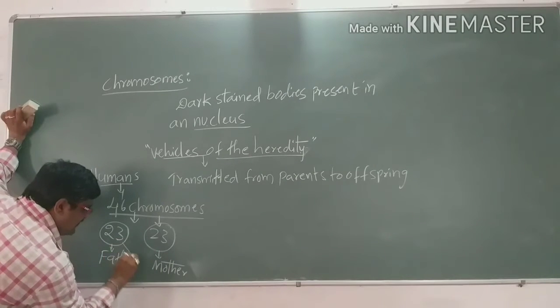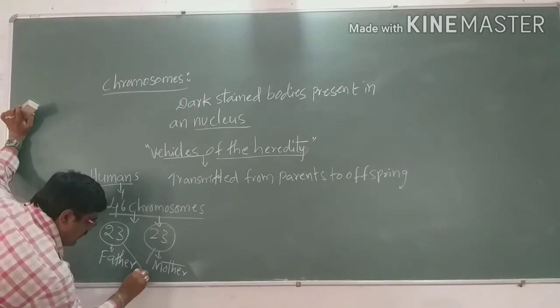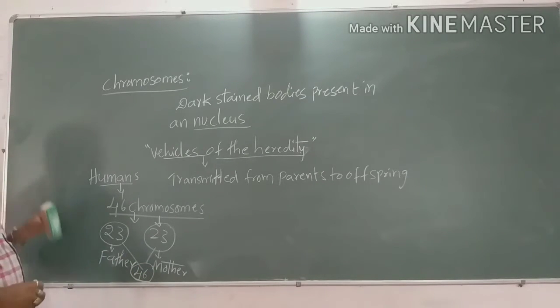These are brought together again when the zygote is formed, and the 46 chromosomes are maintained constant.